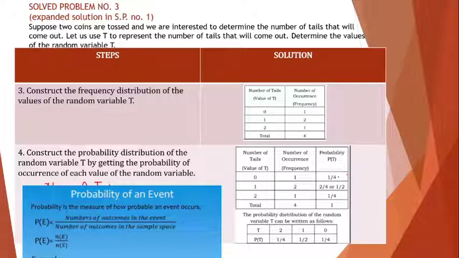It has 4 outcomes in the sample space. So we have 1/4, 2/4 which you simplify to 1/2, and 1/4. If you add them all, 1/4 plus 1/4 is 1/2, plus 1/2 is 1. Your total probability is 1. The probability distribution of random variable t can be written as follows here, like a function table.